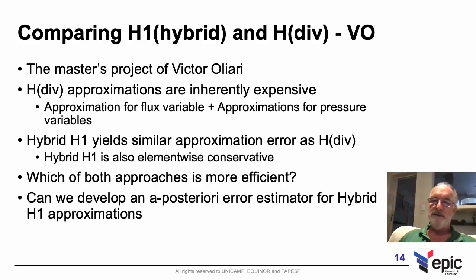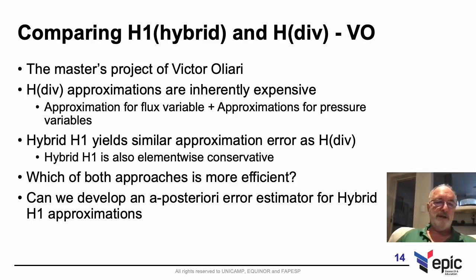The second part of this presentation documents the work of Victor Oliari. At the beginning, and maybe still, we noticed that HDiv approximations are inherently expensive. We approximate both the flux variable and the pressure variable in one global system of equations, which is much more expensive than finite volume methods.